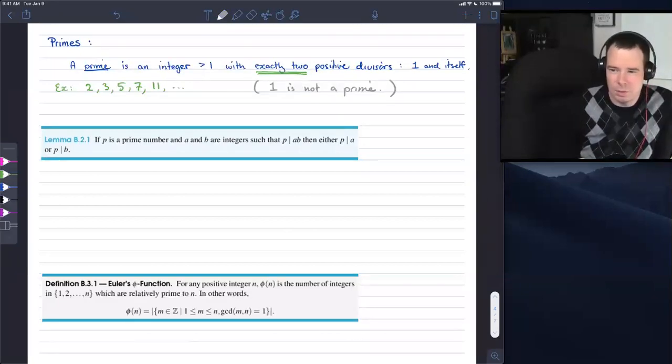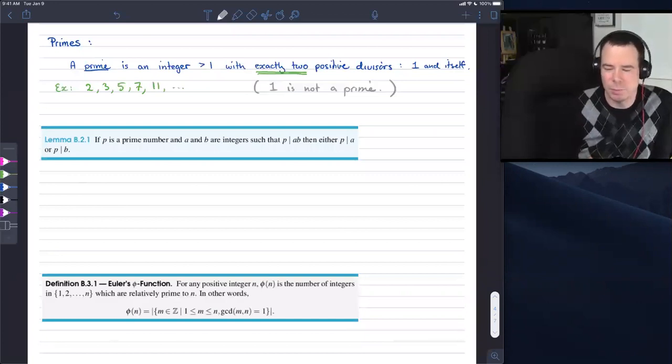Some teachers make comments that 1 is prime. So it's worth stating why we don't want 1 to be a prime. I built my definition so I explicitly have excluded 1 as being a prime, because I said there have to be exactly 2 positive divisors. 1 only has 1 positive divisor, 1 itself.